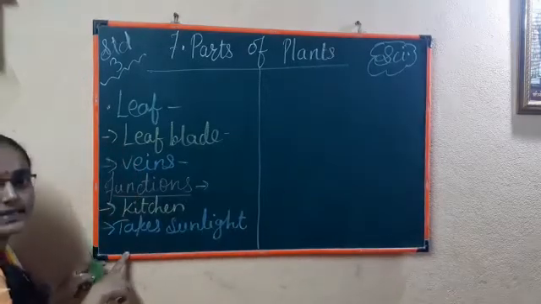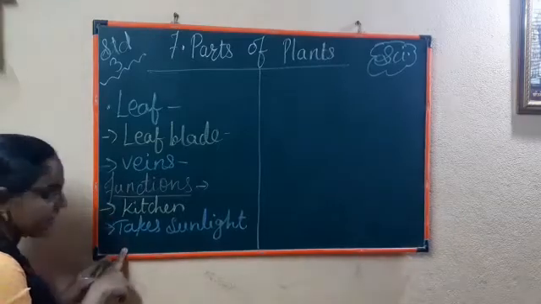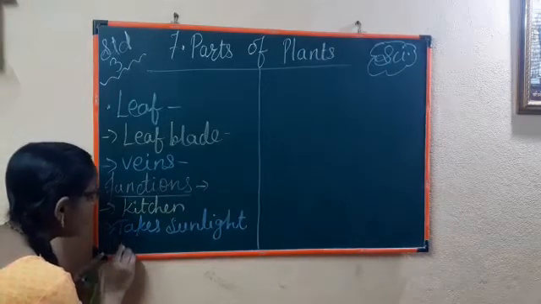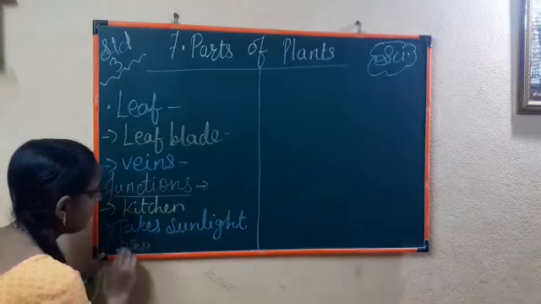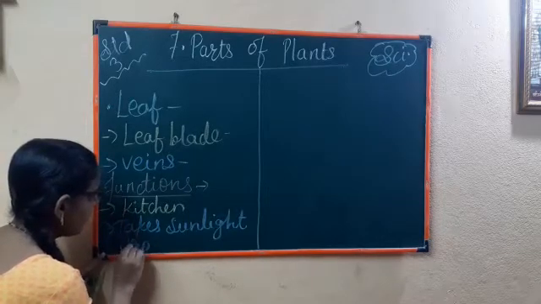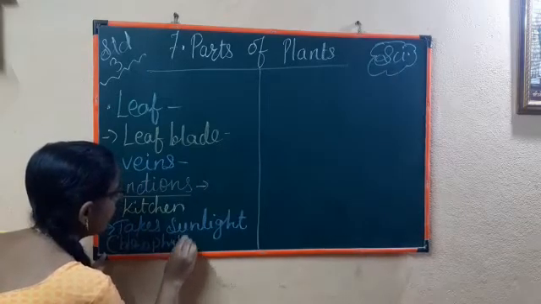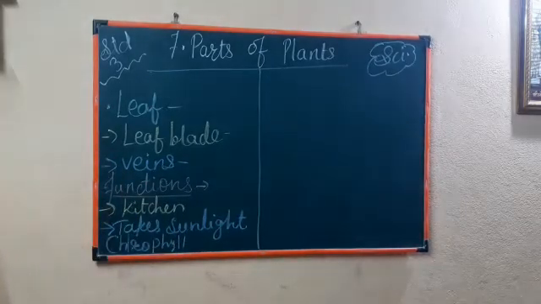Leaves take sunlight from the sun with the help of a substance called chlorophyll.